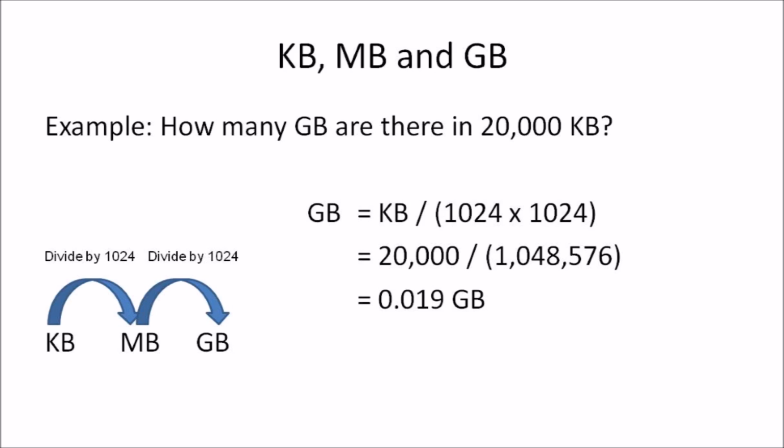The formula becomes kilobytes divided by 1024 divided by 1024, because we are dividing kilobytes twice by 1024. Once you substitute the kilobytes amount, you get 20,000 divided by 1,048,576. And once you equate that, the answer is 0.019 gigabytes.